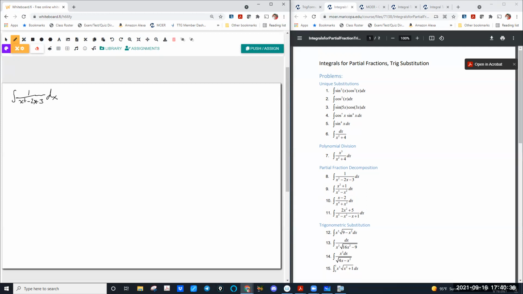If it is not factorable, partial fraction decomposition won't work. Okay, so this needs to be able to be factored. So first thing you do is you factor your denominator. And this is going to factor into x minus 3 times x plus 1. Okay.